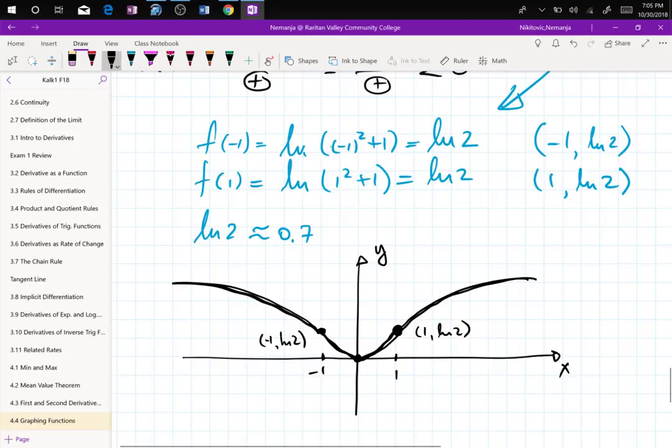You can see over here negative 1, 0.7 and positive 1, 0.7. Those are your ln 2 values. They are not labeled by the software, but they are right here. 2 inflection points, your minimum point right there, and you have the graph. It's the same as the one we did by hand.